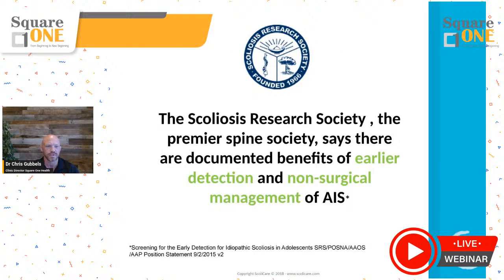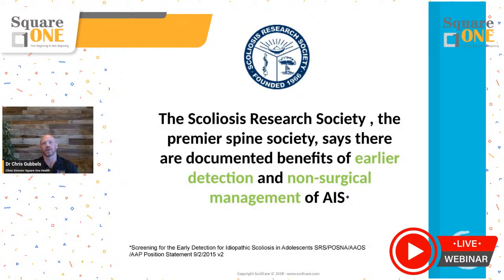So the Scoliosis Research Society came out with a position paper in 2015, or a statement, and they said that they do recommend regular scoliotic checks. Since we don't have standardized or government-run scoliosis screenings in most states in the US nowadays, they do recommend people still get screened.